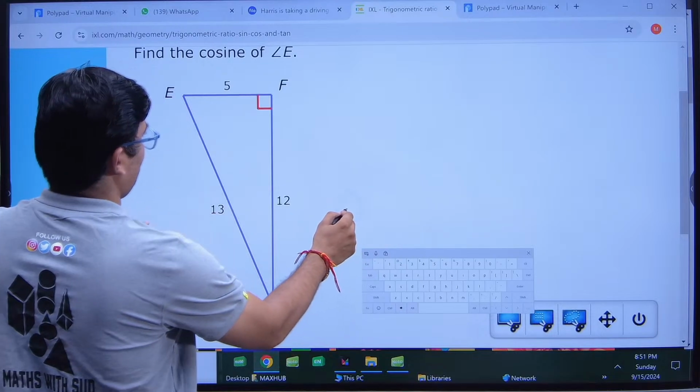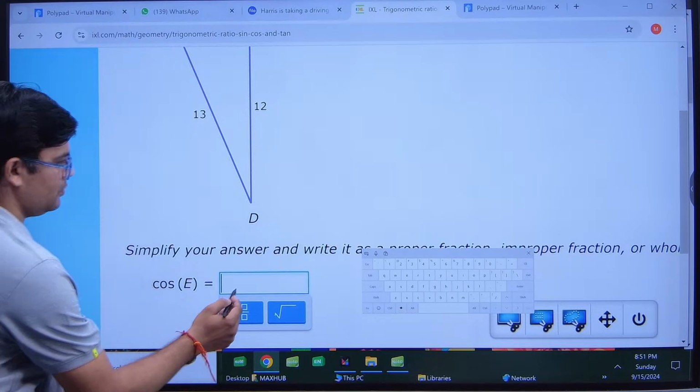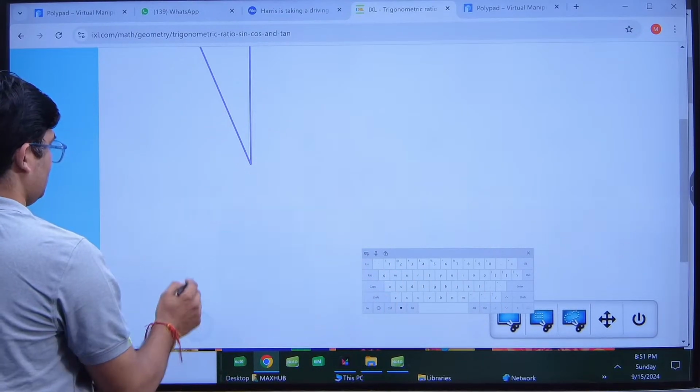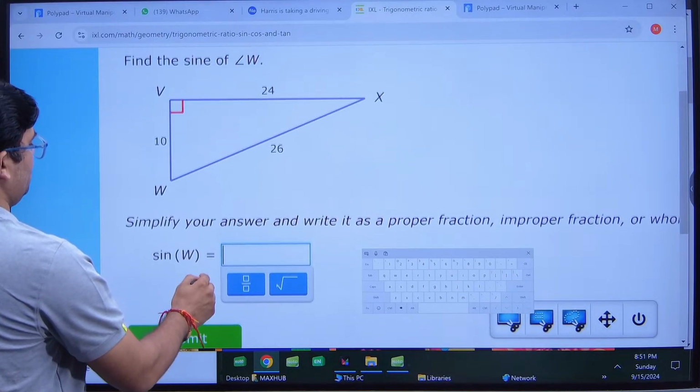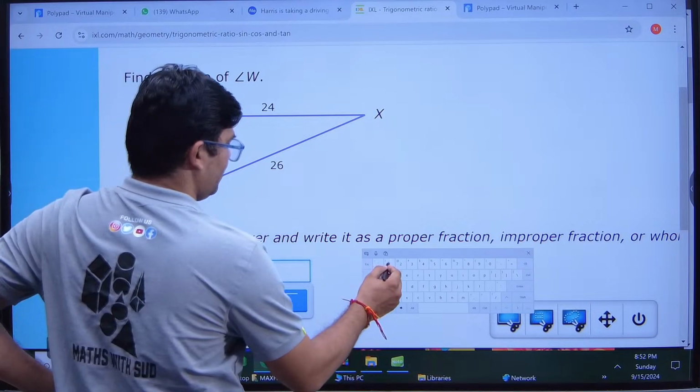Find the cosine of E. So it'll be 5 by 13. Wonderful. So 5 over 13. Okay. Sine of W. 24 by 26. So to reduce it, 12 by 13.